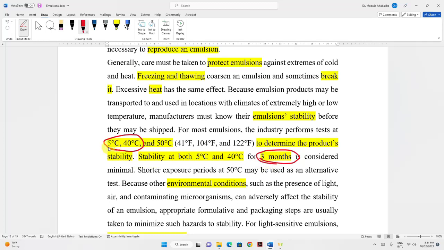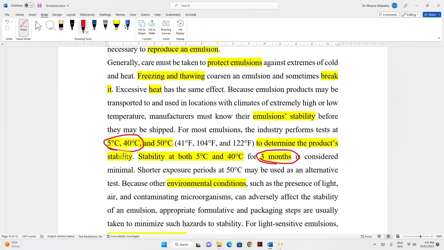So you try at 5 degrees Celsius and you try at 40 degrees Celsius, and you see for 3 months what's going to happen. If I store the product for 3 months at 40, what will happen? If I take a new fresh product, I store it at 5 degrees for 3 months, what will happen?